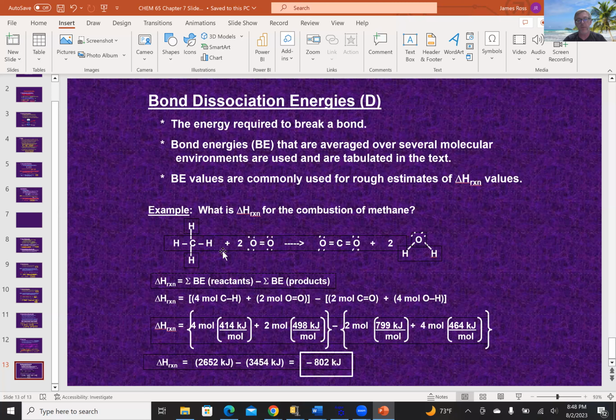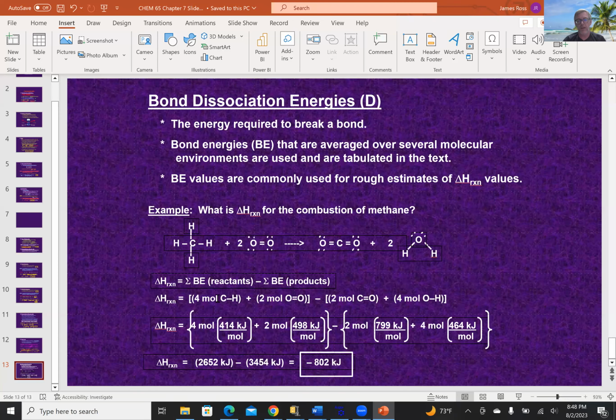The enthalpy of this process is the sum of the bond energies of all the reactants minus the sum of the bonding energies of all the products. So I take my reactants. I have 4 carbon-hydrogen bonds. So I've got 4 lots of carbon and hydrogen.